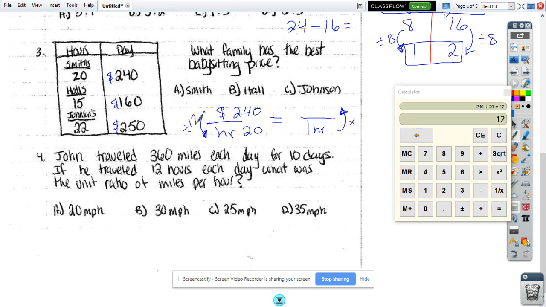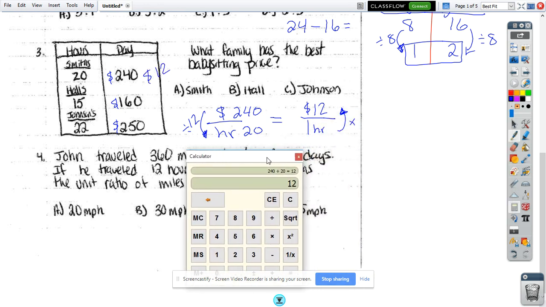So this is dividing by 12. And so then here, if I have 1 times 12, I get 12. So really, I don't even have to multiply because I know already it's going to be 1 times the number. So this is $12 per hour for the Halls.